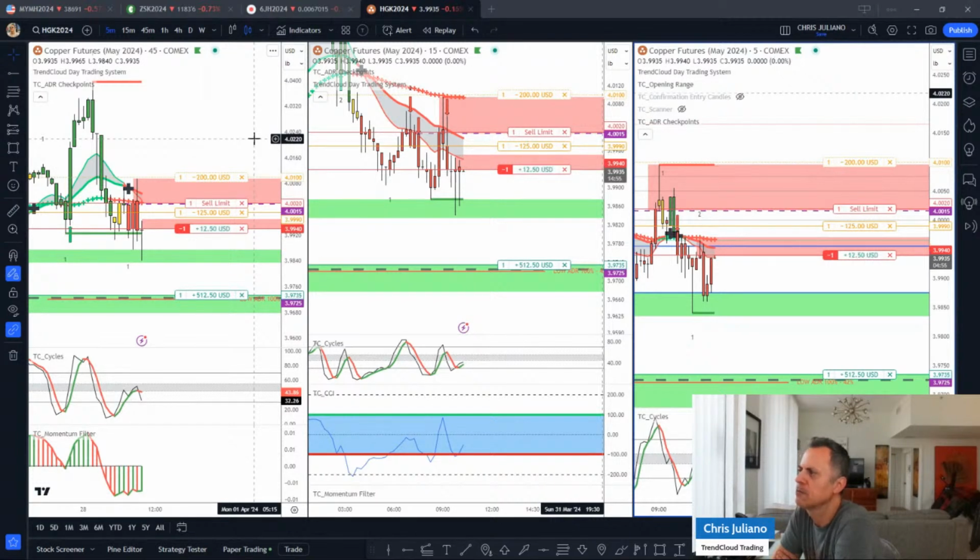Taking some heat now, so we gave back that 1-to-1, to hold out for the longer move. I don't know what's going to happen.